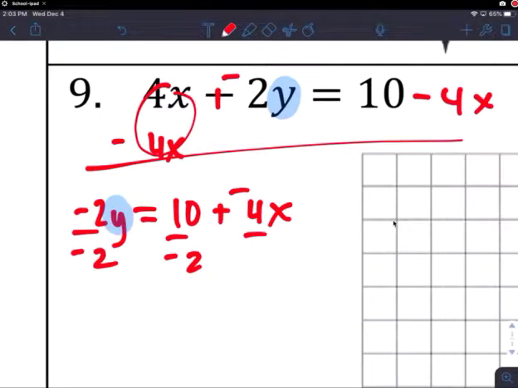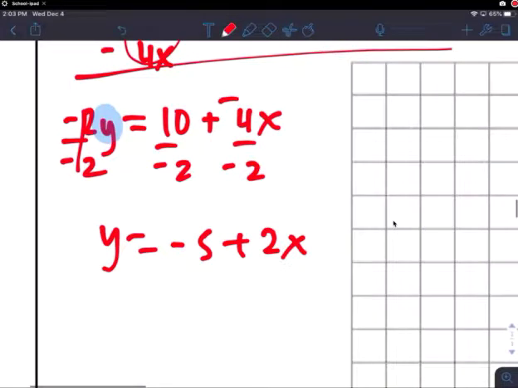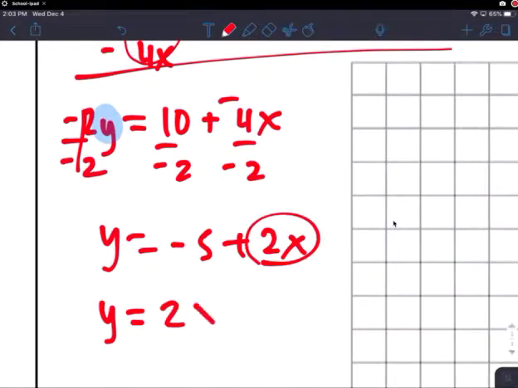Additive inverse helps you see it better. Then y equals negative 5 plus 2x. Now, this is not in slope-intercept form. Slope-intercept form is y equals slope, the 2x, plus the intercept, negative 5. Or you can just write minus 5, same thing, plus a negative 5, same thing.